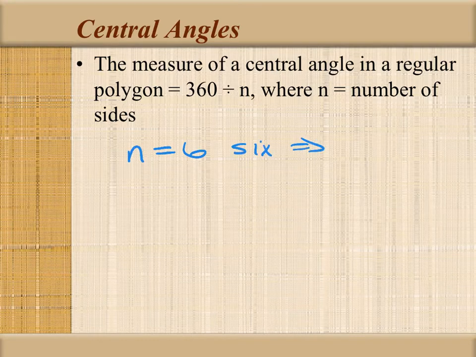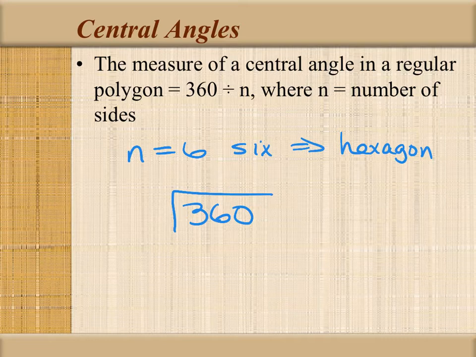So you're going to take 360 and divide it by 6. And each one of the central angles is going to have a measure of 60 degrees. Once you add up all of those central angles, it should add to be 360 degrees.